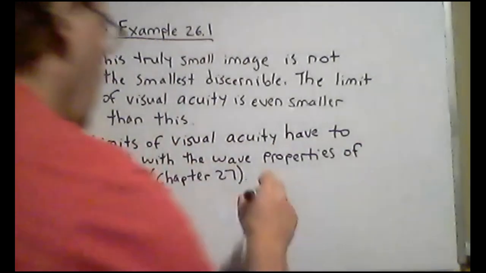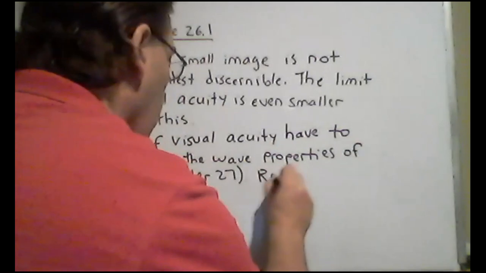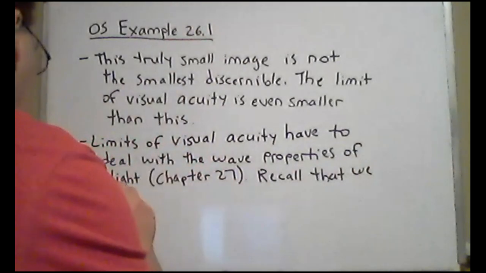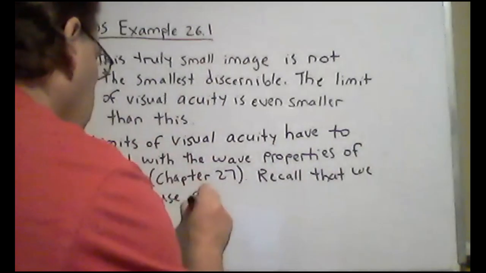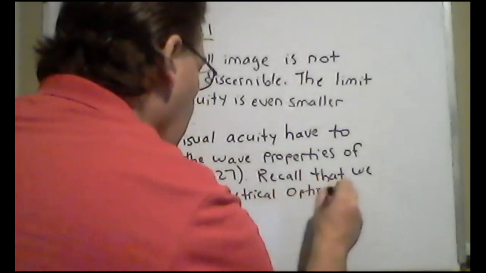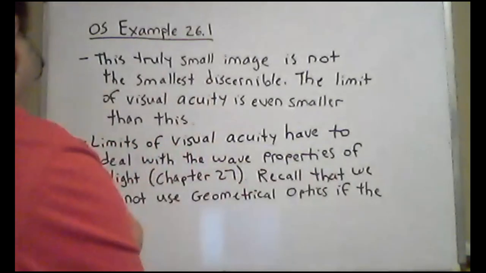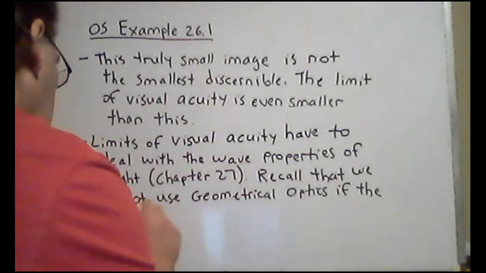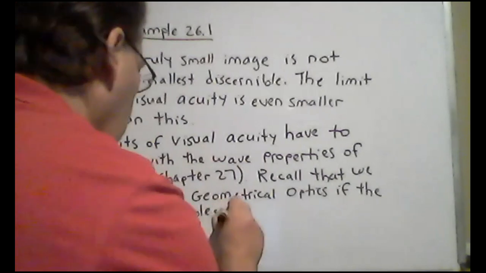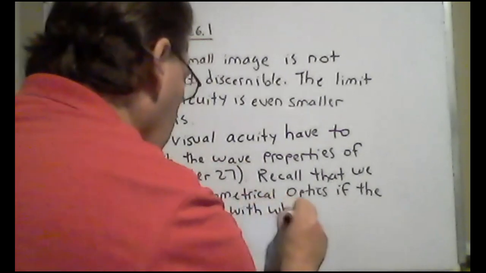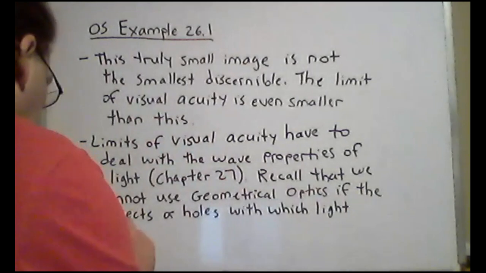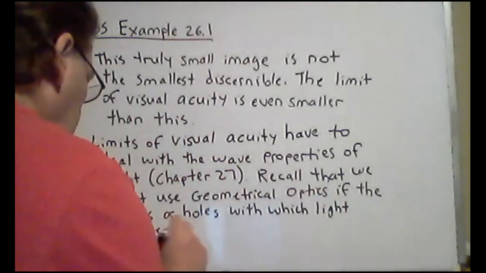Recall that we cannot use geometrical optics if the objects or holes with which light interacts are less than a micron.